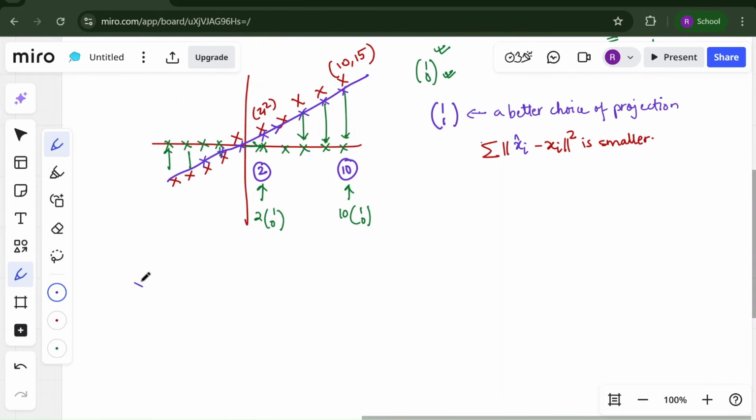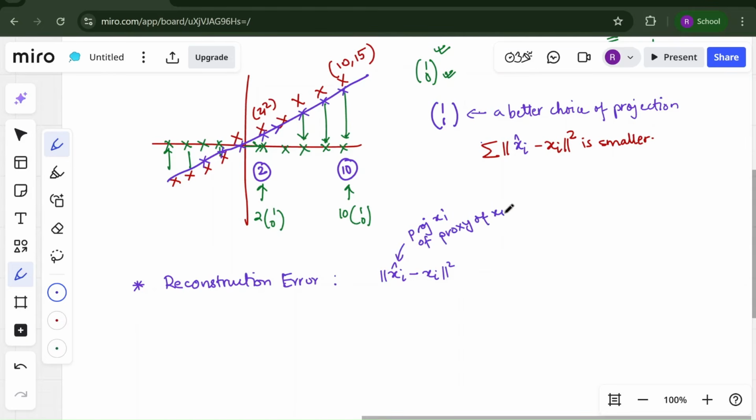Second important point about PCA is the reconstruction error. So what is the reconstruction error? It is nothing but the distance or the norm squared between xi hat and xi. Xi hat is the projected xi, or the scalar or the proxy. So you can think of it as projected xi or proxy of xi.